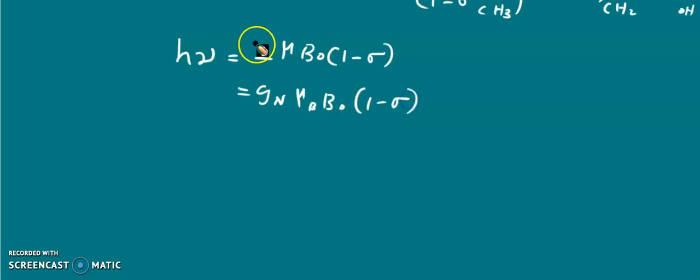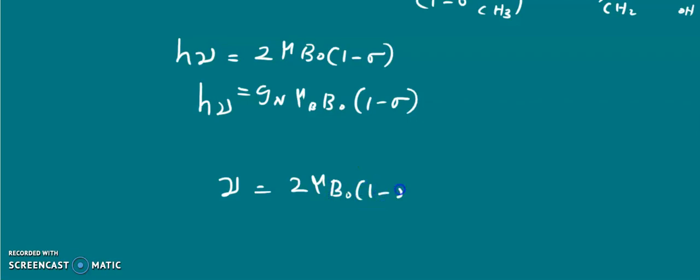So both are right, and in this equation we have used one approximation, I equal to root of I into (I plus 1). So if B0 is constant and nu is fixed, then nu is equal to 2 mu B0 into (1 minus sigma) by h.